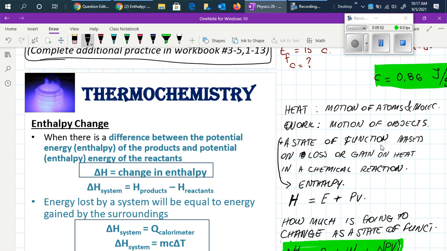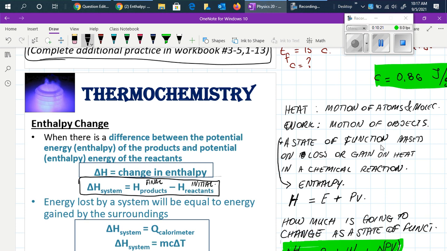So now the change in enthalpy of a system will be whatever is the enthalpy of the product, being the final state, minus the enthalpy of the reactant, being the initial state. So, I always say that delta is final minus initial.